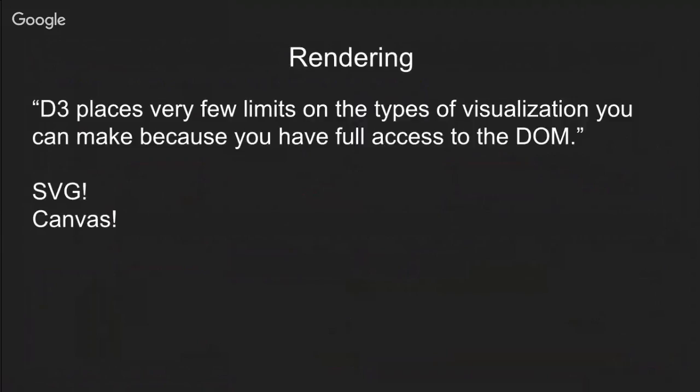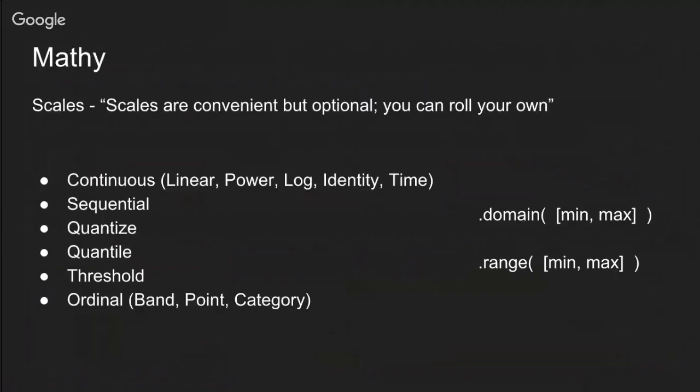And then there's rendering, which is using HTML or Canvas, nothing really special there. Then the mathy side of it, which is you have sets of math components. Everybody understands scales pretty well. You have an input minimum and maximum, and you get the output minimum and maximum.